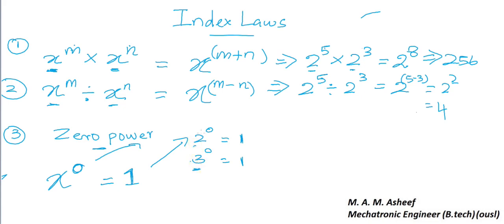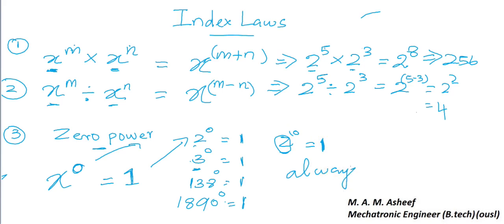If the powers are 0, then the value will be equal to 1. For example, 138 to the power 0, what is that? 1890 to the power 0, what is that? It's also 1. If it is z to the power 0, because we don't know the base, still we can put 1 because we know anything to the power 0 is always 1.